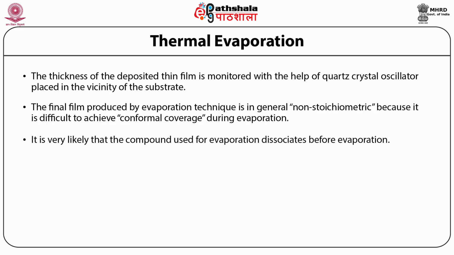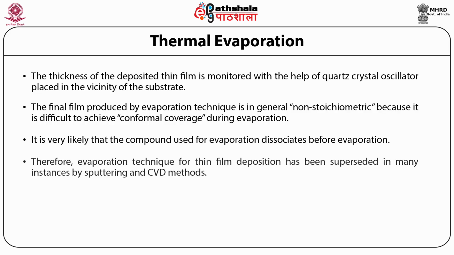It is very likely that the compound used for evaporation dissociates before getting evaporated. Therefore, the evaporation technique for thin film deposition has been suppressed in many instances or has been replaced in many instances by sputtering and CVD methods.